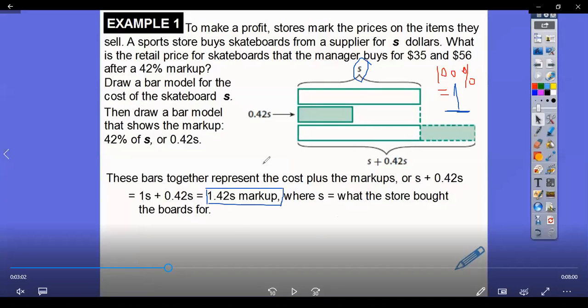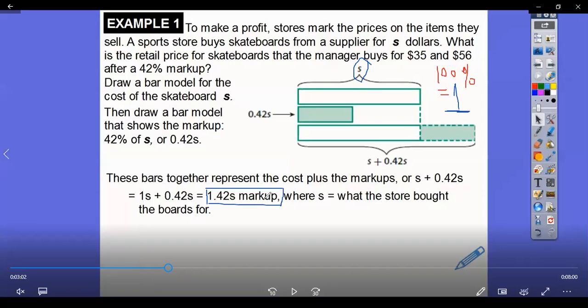So he wants to make a markup. He said that the markup percent is 42%. So we draw the bar. The bar consists of two parts. First, the bar represents 100% of the whole part. Second, the markup percent takes a part of the whole part. Then we add them together.